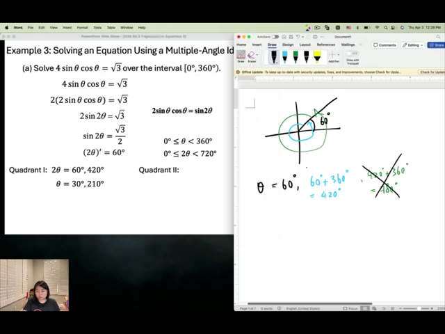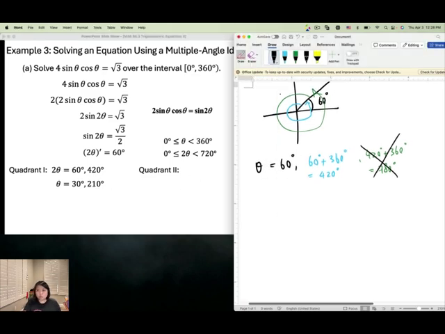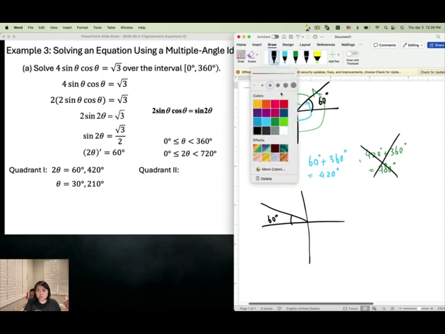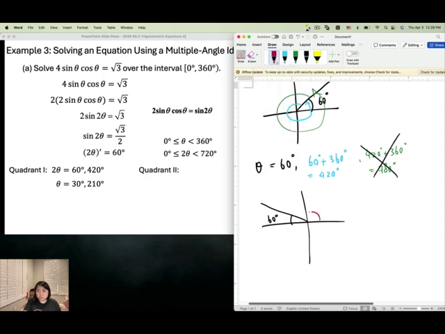Okay, how about quadrant 2? Talking about the reference angle for 2 theta, which is 60 degrees. First, let's calculate it. 2 theta will be equal to 180 minus the reference angle, which is 120 degrees. That will be the first solution, right? For the second one, we could add 360 again.